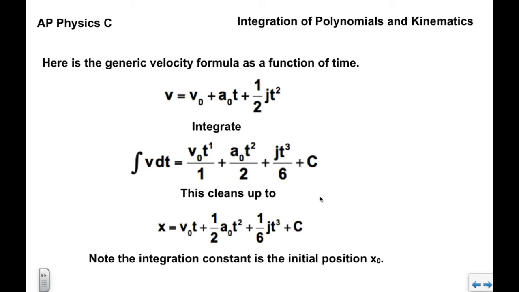If we look at the generic velocity formula as a function of time, v equals v naught plus a naught t plus 1/2 jt squared. J is the jerk, of course.